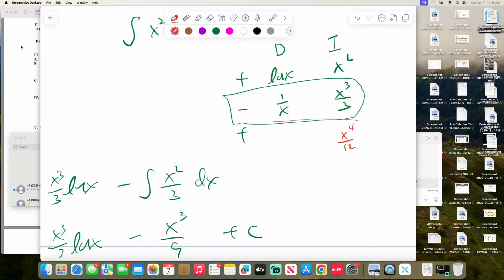So in this case, since there's natural log of x in the integration of natural log of x dx, you're going to put natural log of x. And for I, you're going to put down 1, because besides natural log of x, the only one is 1. Then for D, we just take a derivative: 1 over x. And the integration is going to be x.